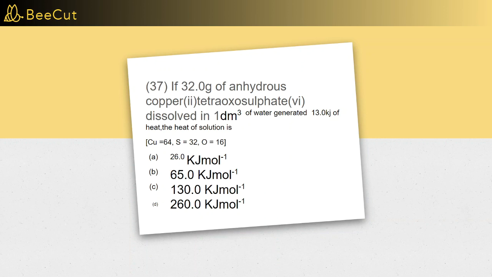It gives 160. And we said 32 grams is equivalent to 13 kilojoules. 160 grams will be equivalent to what? You do cross multiplication, which is 13 multiplied by 160 divided by 32. 65 kilojoule per mole is the correct answer, which is option B.